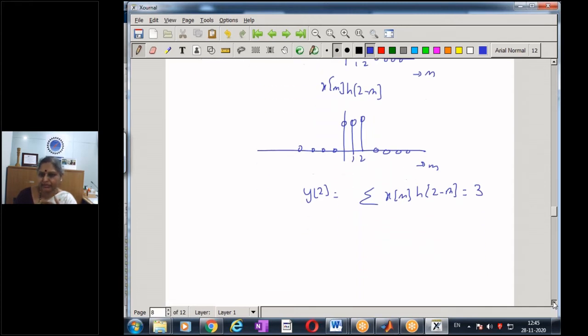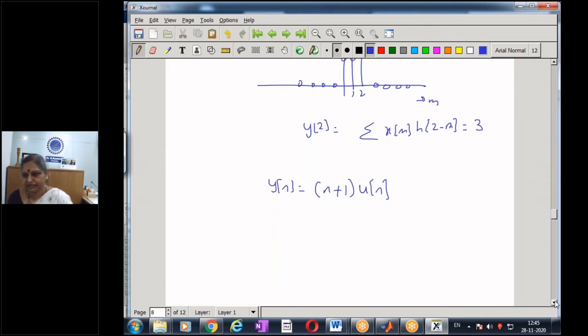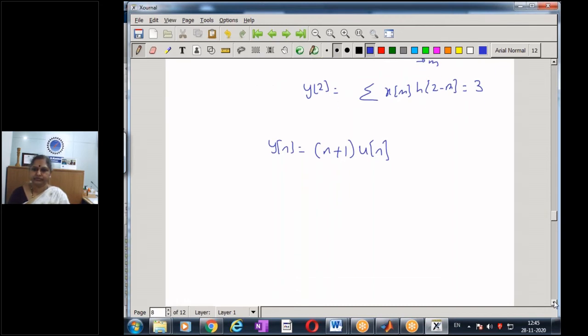So extending the above observation, we can conclude that y of n is equal to (n plus 1) u of n. The same result is obtained when we do it using the equation or by the graphical method. So we have seen the graphical method and the method using the equation.